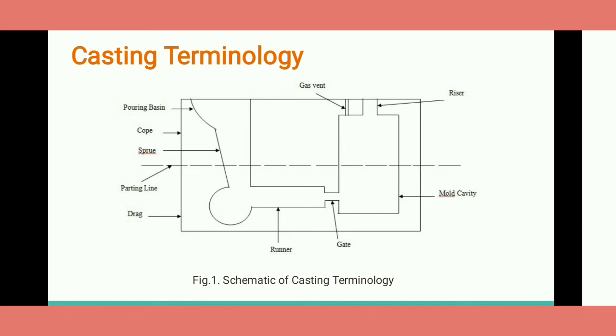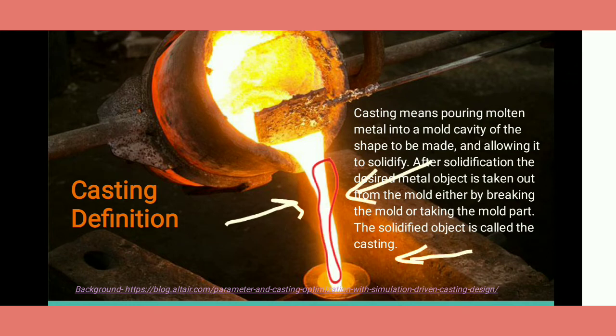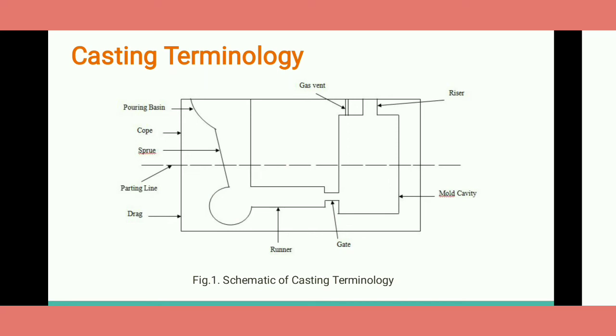Once the molten material comes out from the riser, we stop filling the molten material into the pouring basin. We are also using a gas vent. In the previous picture, you can see that when we are filling with the help of this ladle, at the side of this molten material there are some gases coming out, like unburned hydrocarbons.